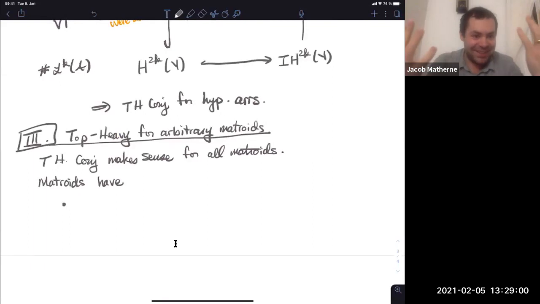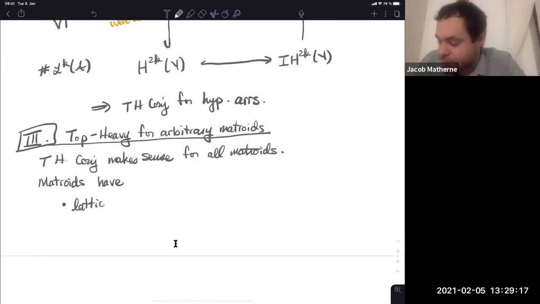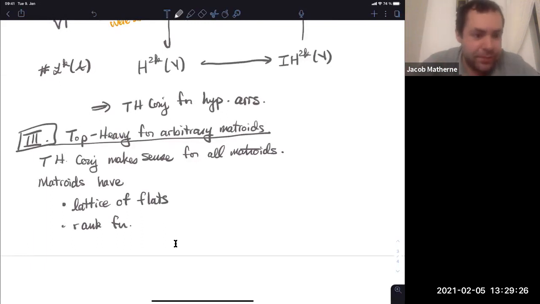You have some lattice of subsets of a finite set satisfying some axioms, which are made to generalize the axioms for flats of hyperplane arrangements. So they have a lattice of flats, and it's a ranked lattice. There's some poset with a rank function, and you can ask the question about its shape. All I need to know is that I have such a thing, and I can ask about its shape.